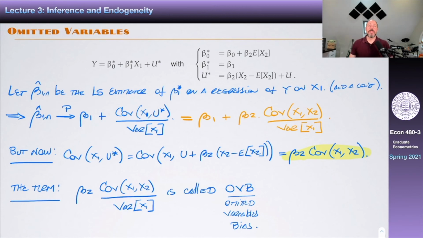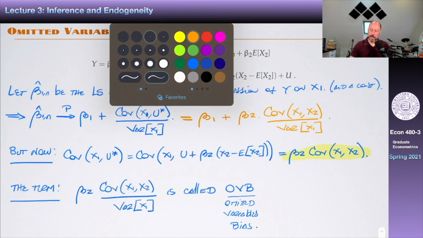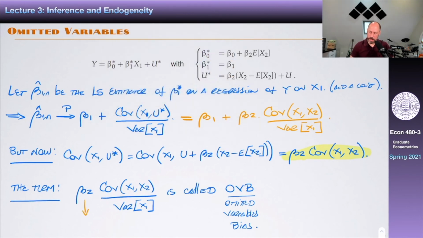So what we learned from this simple derivation is when omitted variable bias is going to be a problem. You need two things. First, you need beta 2 to be different than 0. In other words, you need x2 to affect the outcome. You need skills to actually affect outcomes. The second thing is that the covariance between skills and education, in our case, is not 0.